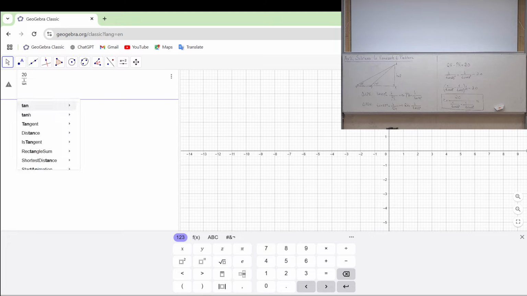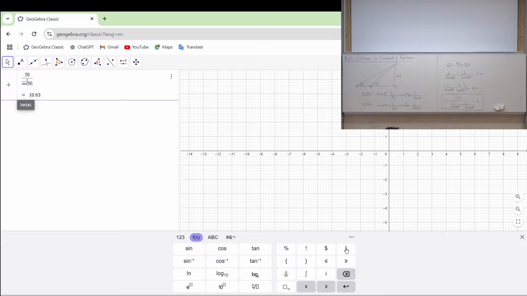Tangent of, I press enter twice, and what is the angle? 28. By default, this is the algebra view. By default, it is in degree mode, okay? So you shouldn't be worried about that. But in case you need a degree sign, you can use a degree sign here as well.